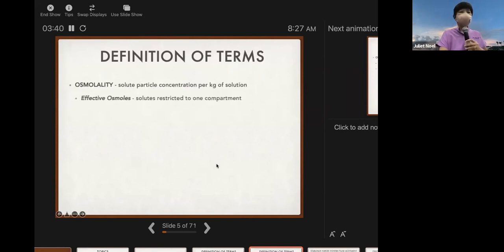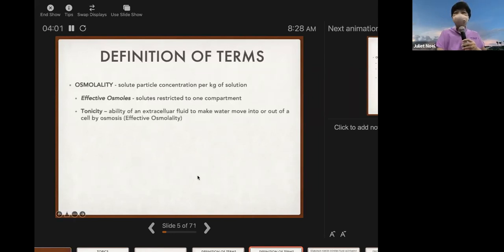So when you talk about effective osmoles, those are solutes restricted to one compartment. This is the one that takes effect on the shifting of water from one compartment to another. Tonicity is the ability of extracellular fluid to make water move into or out of a cell by osmosis.